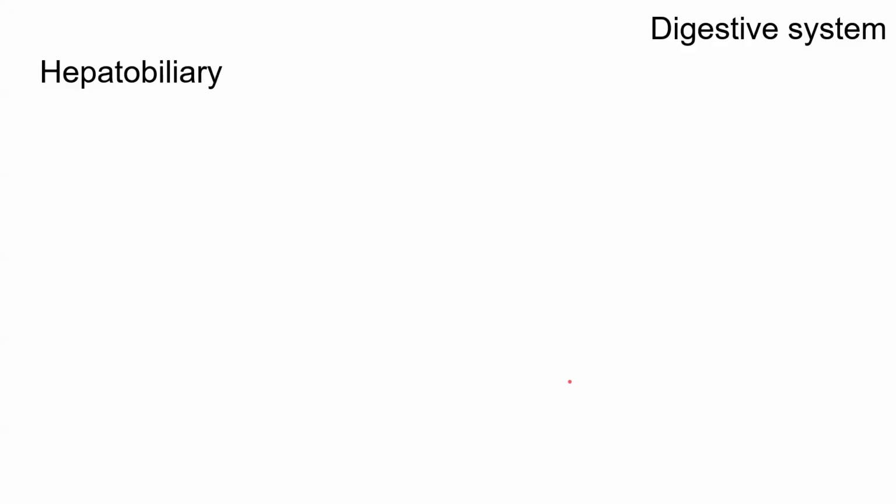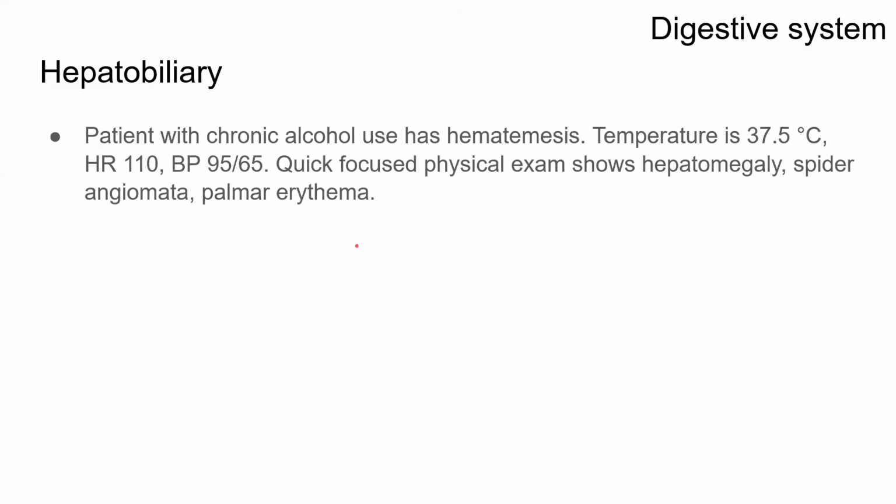Okay. I think I'll finish with hepatobiliary stuff and then we'll come back to more in subsequent episodes. So there's a patient that has chronic alcohol use and they come to the emergency department because they've been throwing up blood, or hematemesis.